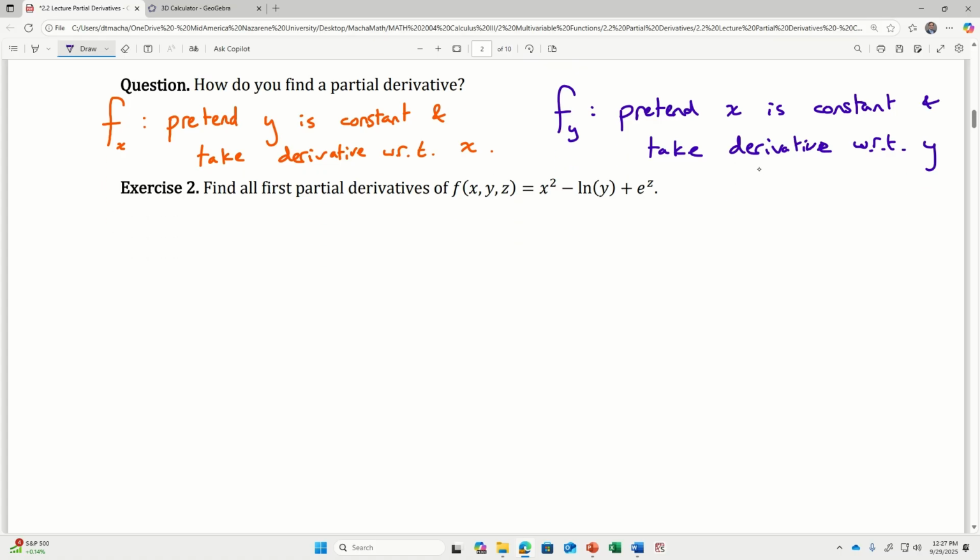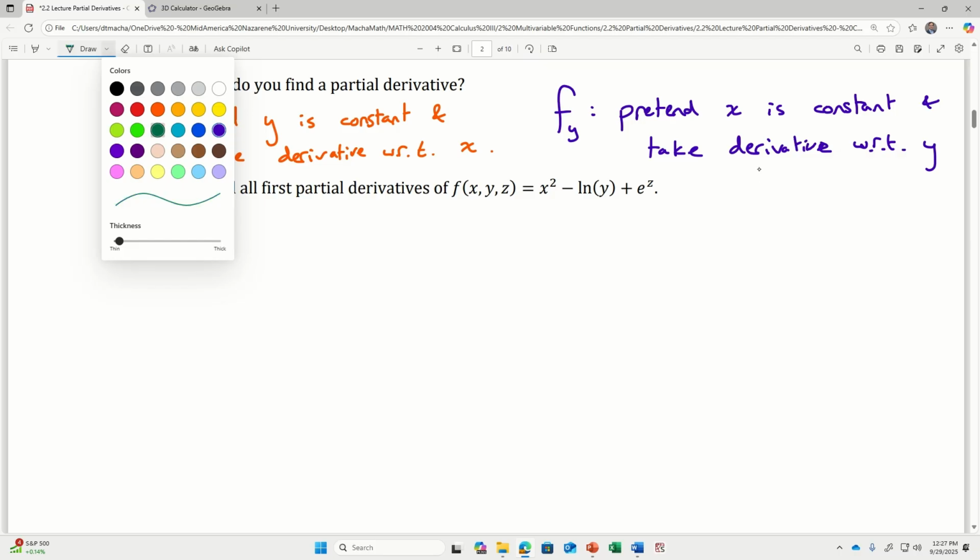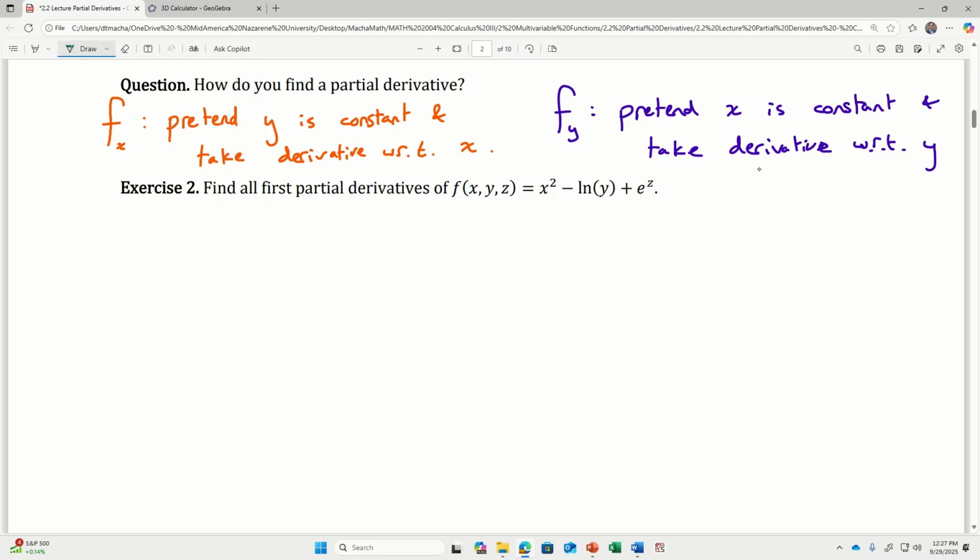Like here in exercise 2, it says find all first partial derivatives of this function f. F is a function of x, y, and z, and f is the function x squared minus natural log of y plus e to the z power. So when I say find all first partial derivatives, I'm talking about take the partial with respect to x, take the partial with respect to y, and take the partial with respect to z.